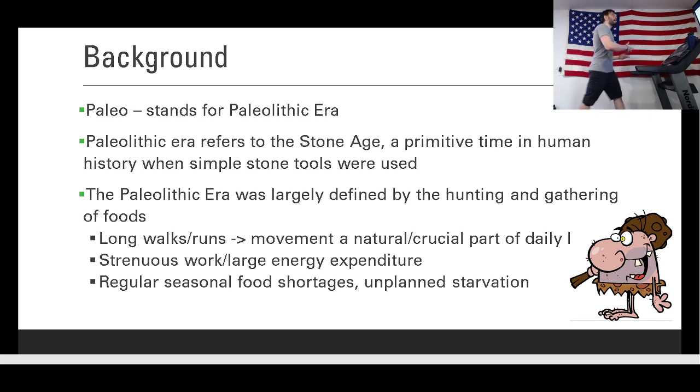And some of that ties into, what does that involve? Large movements, right? Because sometimes you didn't stay in one place. You would go where you were able to hunt and gather. So let's say as herds moved around, you also were moving around because that was your food supply, right?